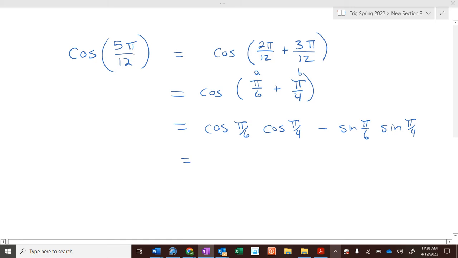Now you can look at your unit circle and actually figure these out. What's the cosine of pi over 6 on your unit circle? Square root of 3 over 2. What's cosine of pi over 4?